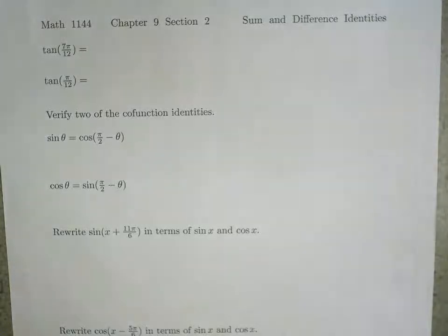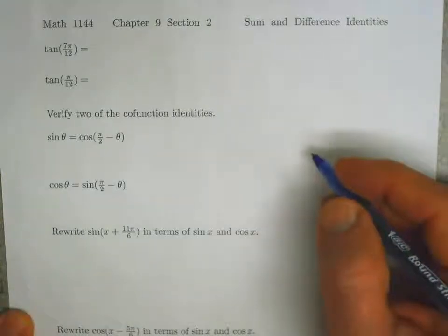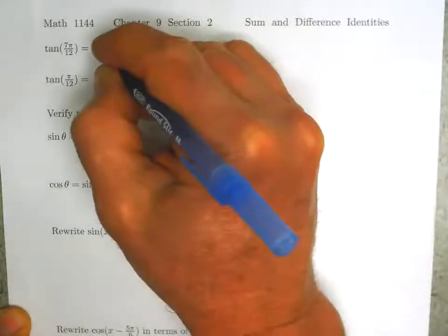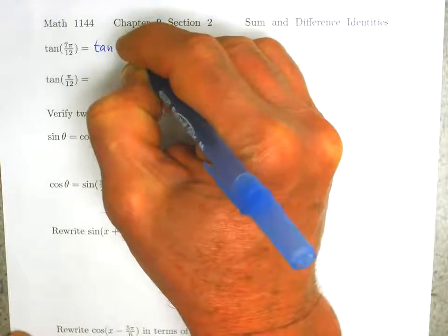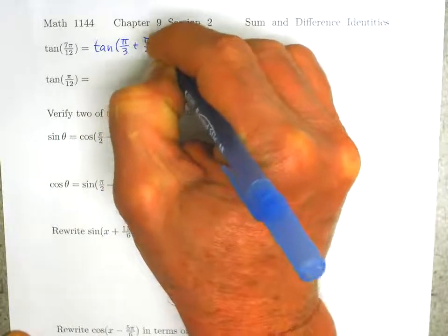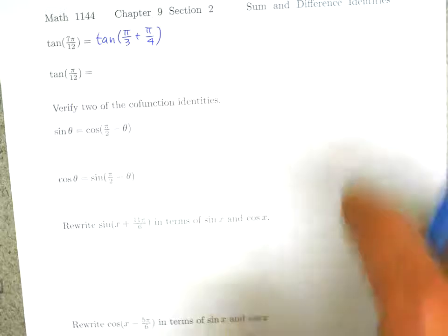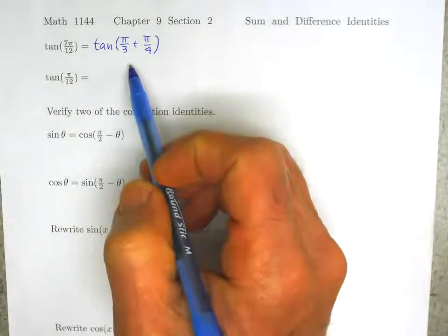We saw earlier that 7 pi over 12 is just pi over 3 plus pi over 4. So we can write this as the tangent of pi over 3 plus pi over 4. And then apply the tangent sum formula to that.